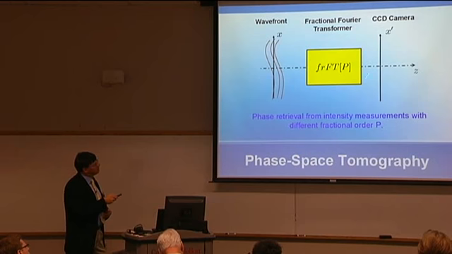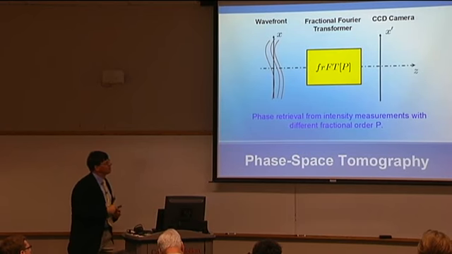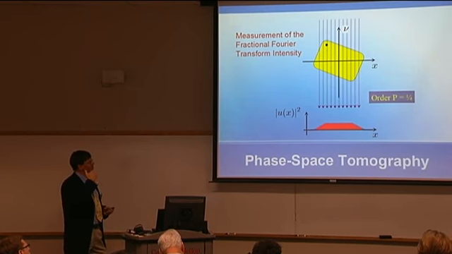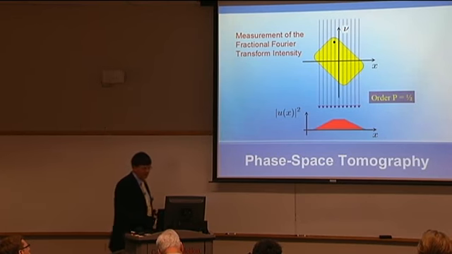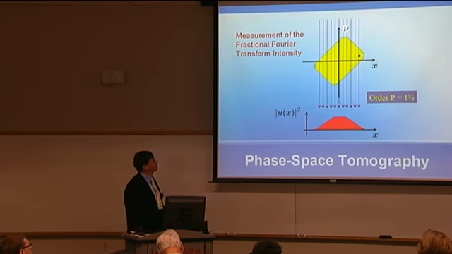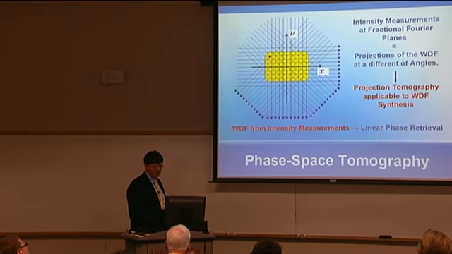And we repeat this measurement with different fractional orders. So what this means is we measure phase space for different rotation angles of our signal. So in each case, we have a projection.